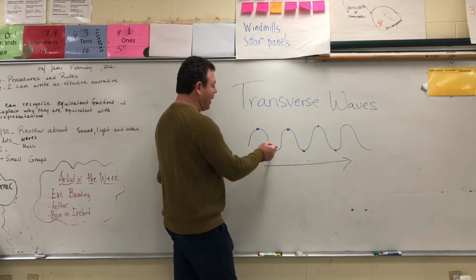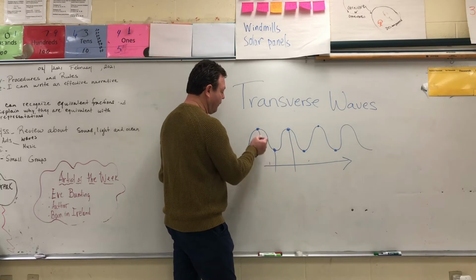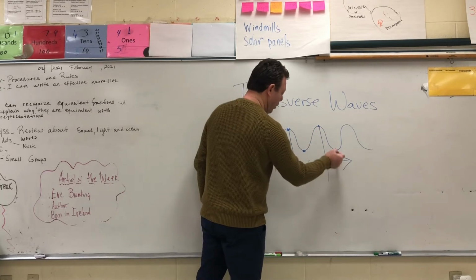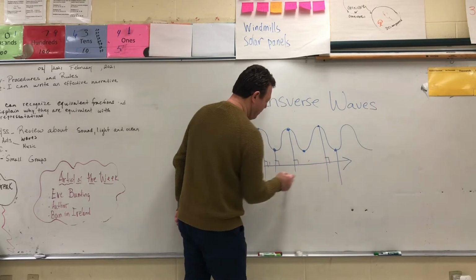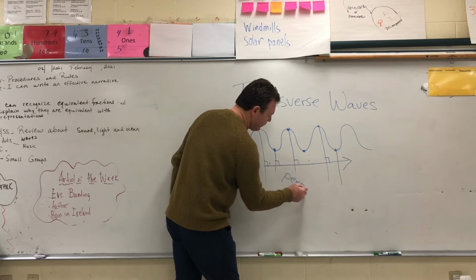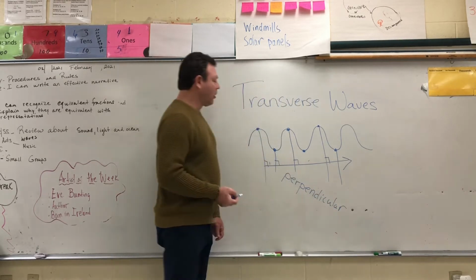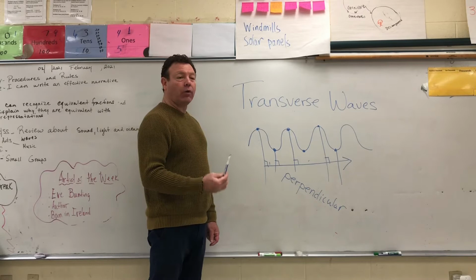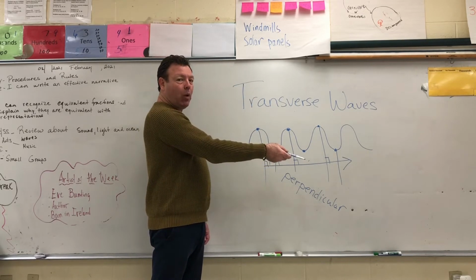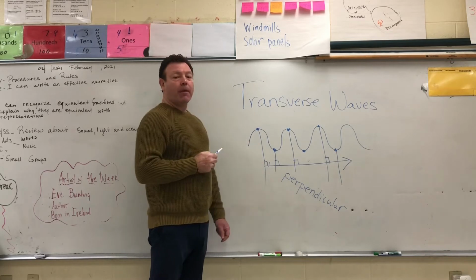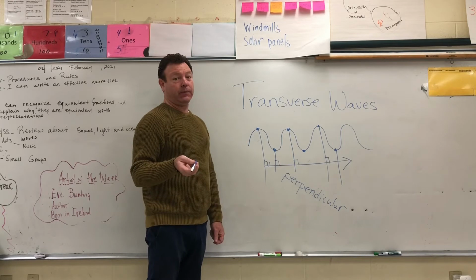So if we were going to draw a line from the particle down, or from this one, or from this one, you see that we have perpendicular lines. So when the particles go up and down, but the energy is moving that way, they are perpendicular to each other, and we call that a transverse wave, okay?